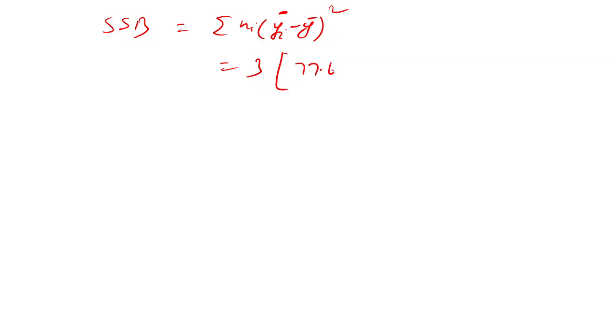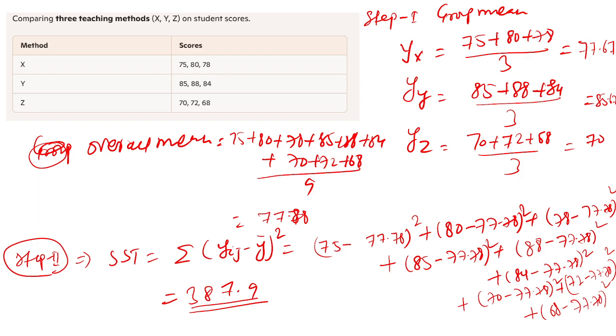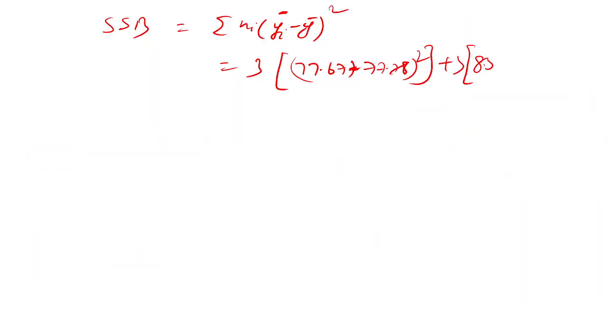Okay, so now we'll calculate the SSB. SSB will be summation of ni times yi bar minus y bar whole square. So 3 times 77.67 minus 77.78 whole square, plus 3 times the second group mean, 85.67 minus 77.78 whole square.